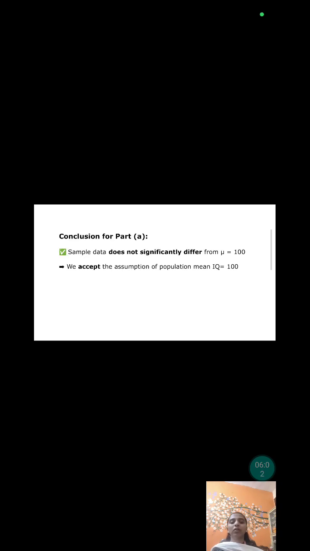Since minus 0.62 is within minus 2.262 to 2.262, we fail to reject H0. The conclusion is that the sample data does not significantly differ from mu equals 100. We accept the assumption that the population mean IQ is 100.